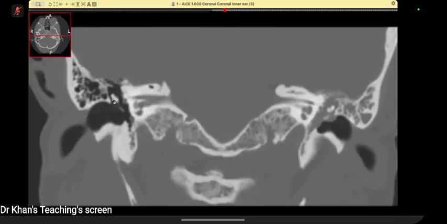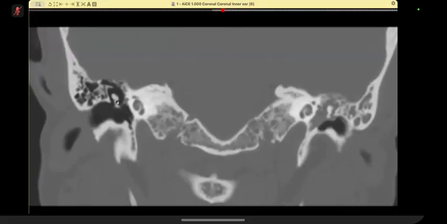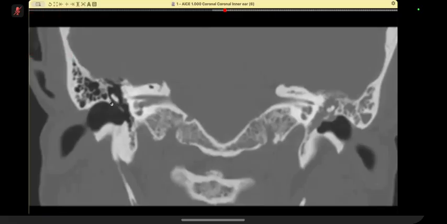will be in the Prussak space, which is between the lateral to the body of the incus and head of the malleus, and next to the scutum. That is why it will cause erosion of the scutum.